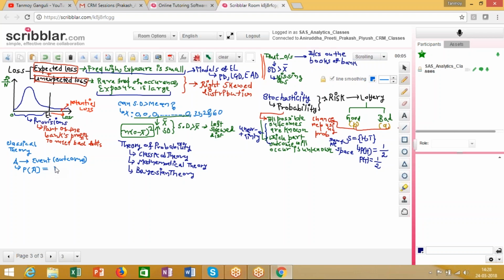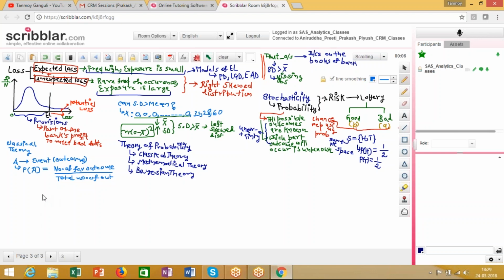That is the number of favorable outcomes to A, so the number of outcomes that are favorable to the event A, divided by the total number of outcomes, right?